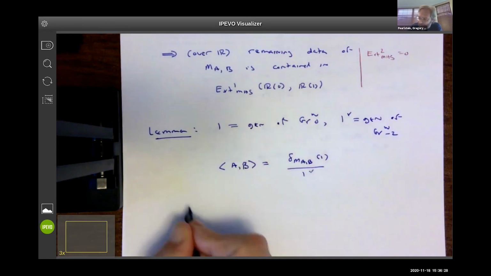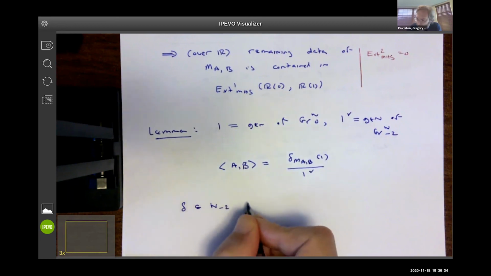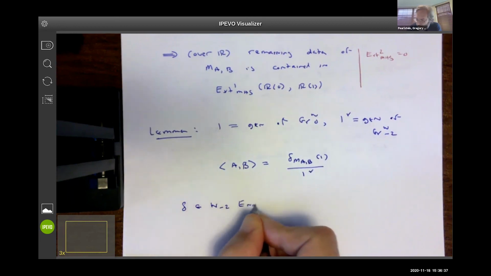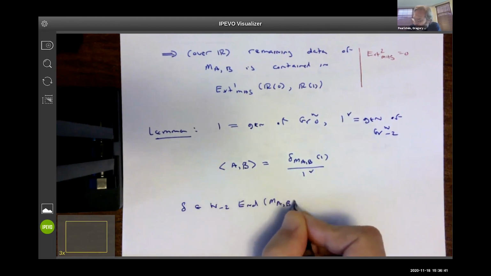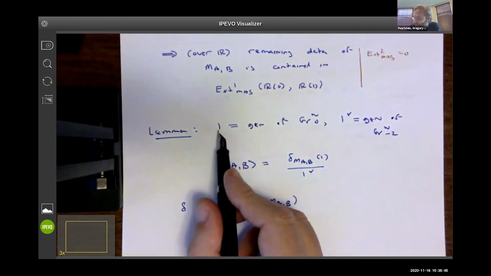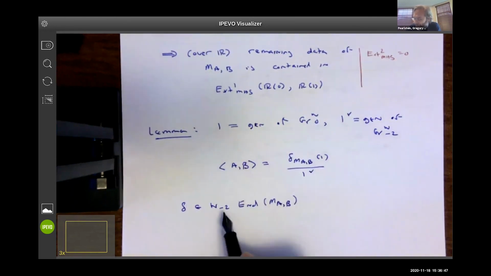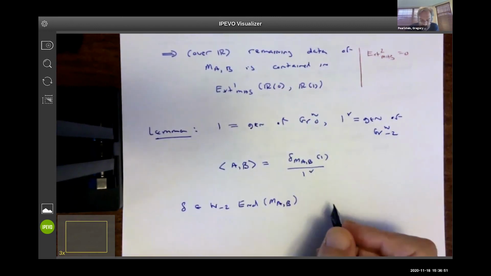So here, delta is in the endomorphisms of M_AB which lower the weight filtration by 2. So I take a lift of 1 to here, I apply my delta, that's going to be some multiple of the generator of Ker W_{-2}.